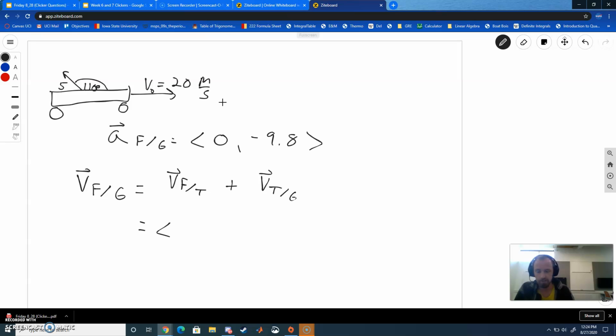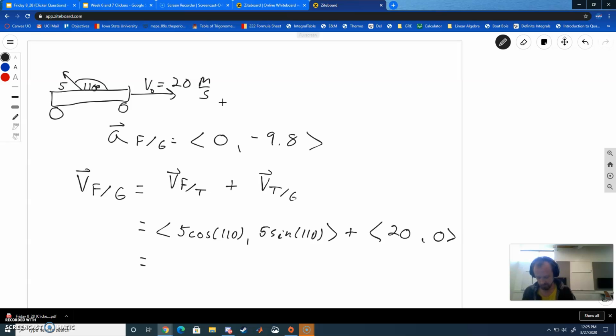Velocity of the frog with respect to the train is 5 cosine of 110, 5 sine of 110. If you measure your angles from the x-axis, cosine and sine with x and y will always work really nicely. And this is plus the velocity of the train with respect to the ground, which is 20, comma 0.